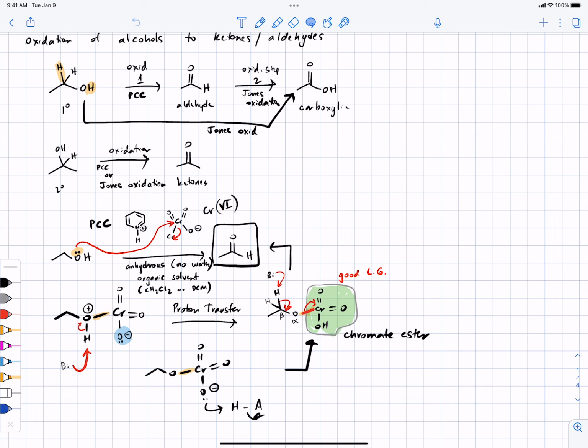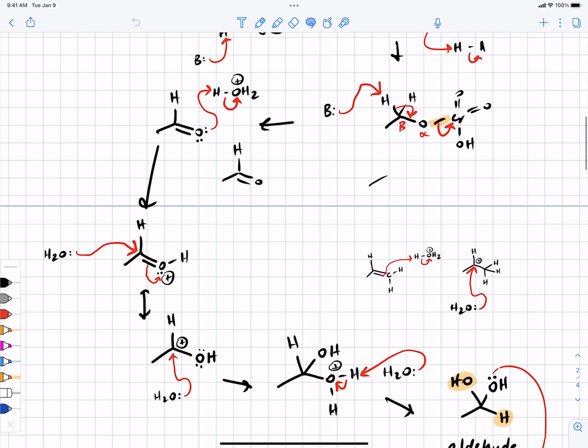Chromium salts are usually bright yellow, and then the reduced version of a chromium salt turns green. This has actually been used in a breathalyzer test to detect alcohol in someone's breath. They blow through a device that has chromium in it. If it turns green, you're above the legal limit. So, application in daily life, I guess.